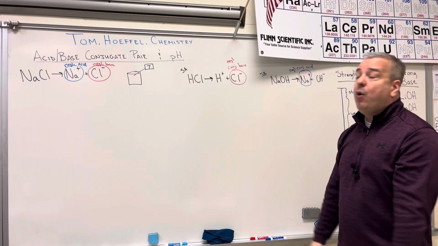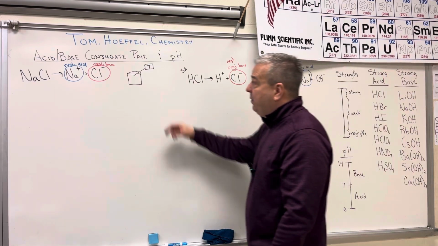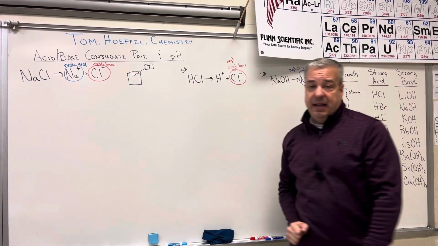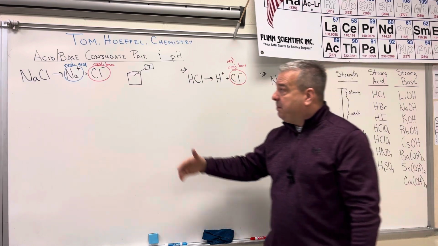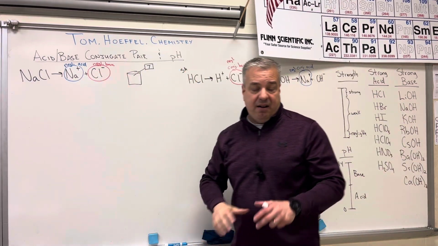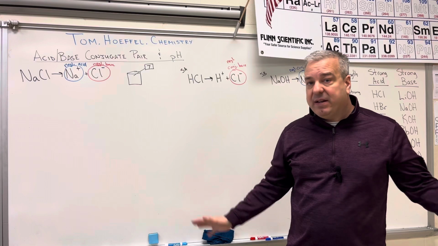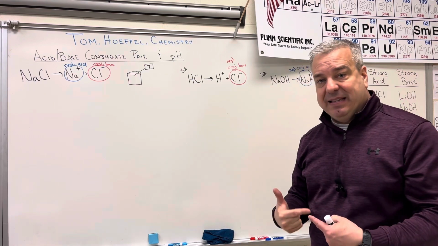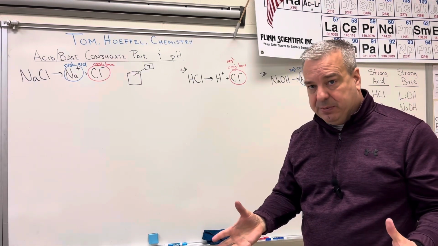There's no effect on pH when we sprinkle some sodium chloride into water and it dissolves, because both of these conjugates really have no strength whatsoever, and that's why we put them into the category of negligible.